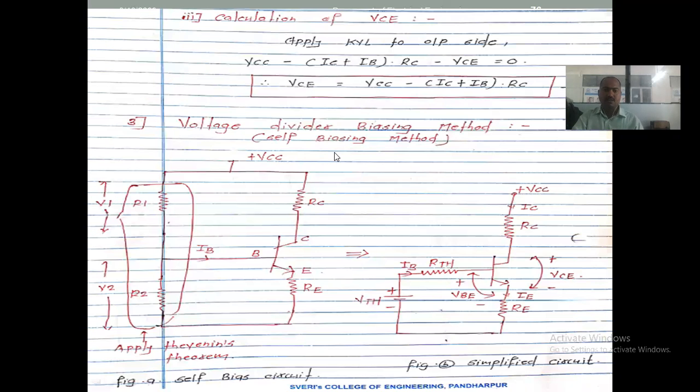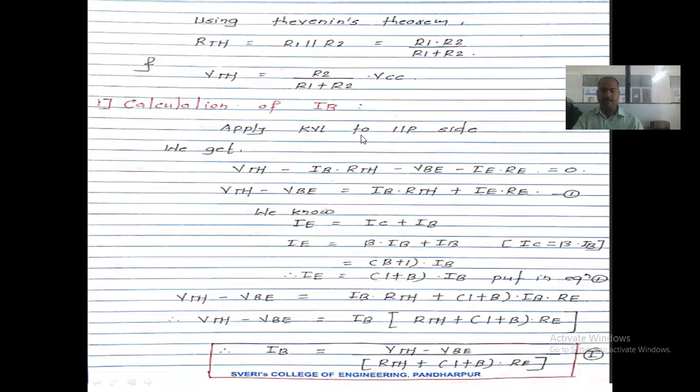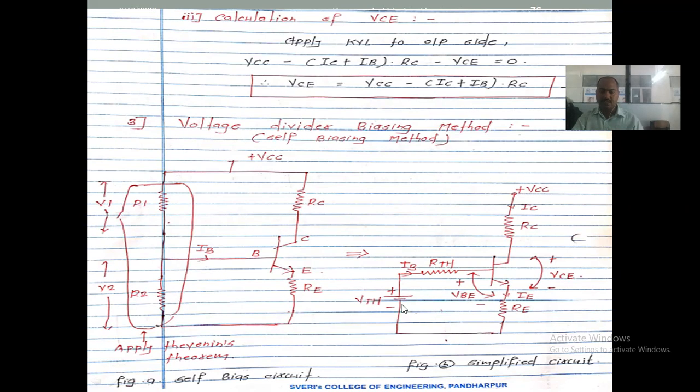In this case also we have to calculate three things: the base current, the collector current, and VC. To calculate the base current, we apply KVL at the input side. The input side is this side, right? Start from this point. So VTH minus IB into RTH minus VBE minus I into RE.